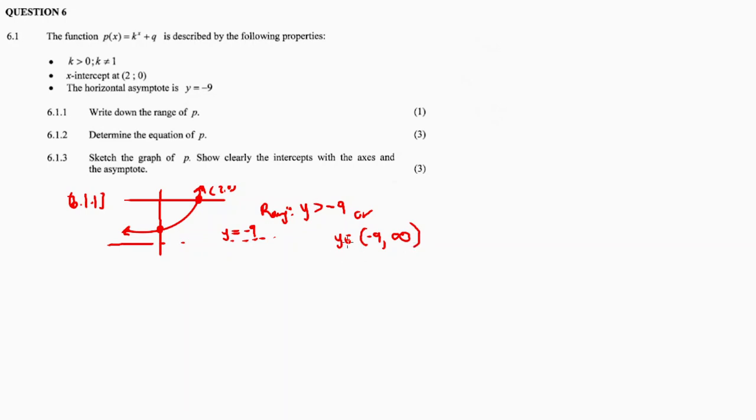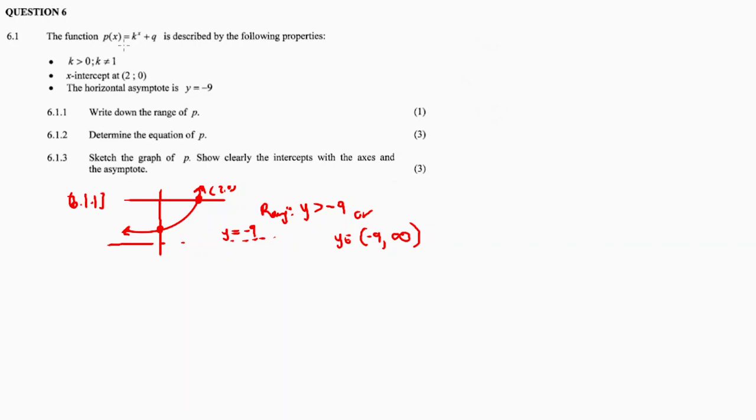This is the range for p. Since the function is given as p of x equal to k exponent x plus q, the q always describes the horizontal asymptote.